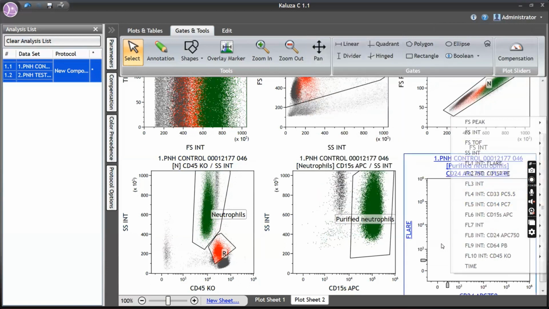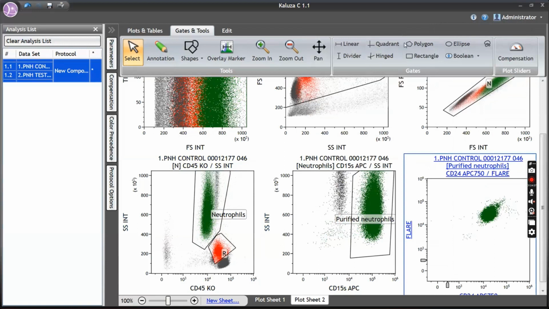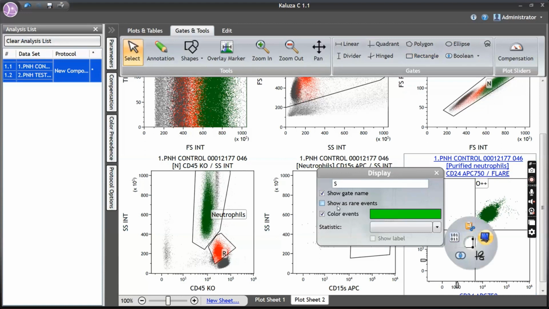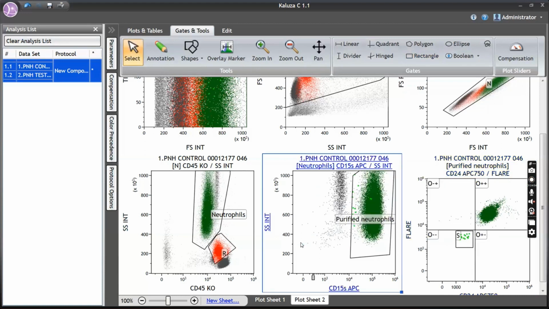You see, beautiful, all the populations are, sorry, all the populations are positive for FLAER and 24. I'm getting a small 5 events which are falling negative, but are they really neutrophils? I need to check. No, that would be some eosinophils or something, so I'm just tightening my gate to eliminate that. Now done.